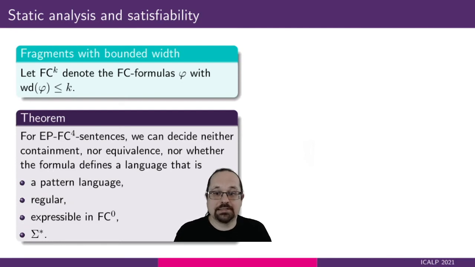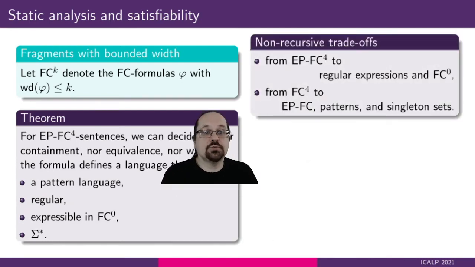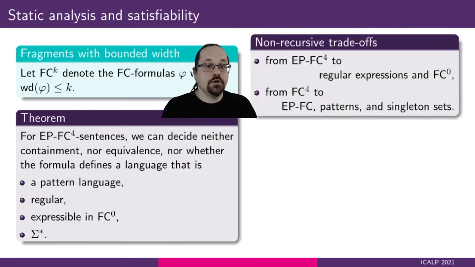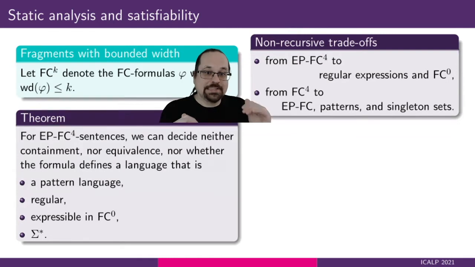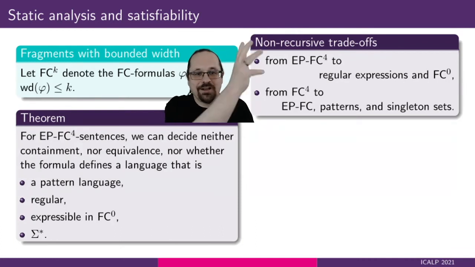So that's undecidable. And the consequence of that is we have non-recursive trade-offs. Let's first talk about recursive trade-offs. You know, for example, going from NFAs to DFAs, the trade-off is exponential. The blow-up is exponential. There are settings where you have double exponential blow-ups and so on. In this case, the blow-up is not bounded by any computable function, which is bad news because it means we can't reach it.